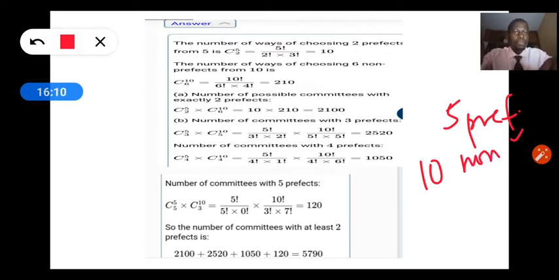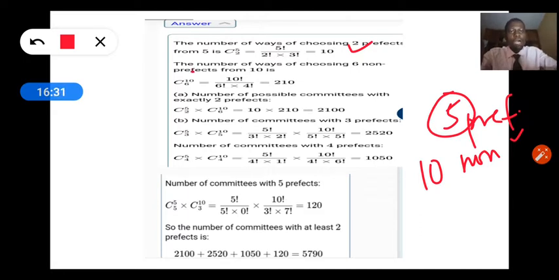So the number of ways of choosing 2 prefects is 5 combination 2, because there are 5. The number of ways of choosing 6 non-prefects: since this question says we should choose 8, and we have chosen 2 prefects, the remaining to be chosen from the other 10 is 6.